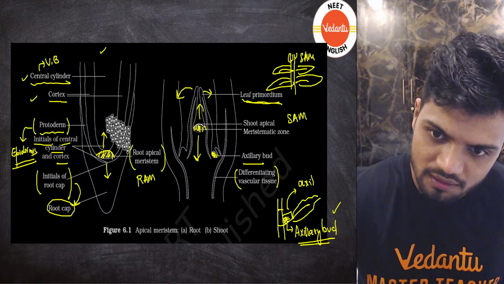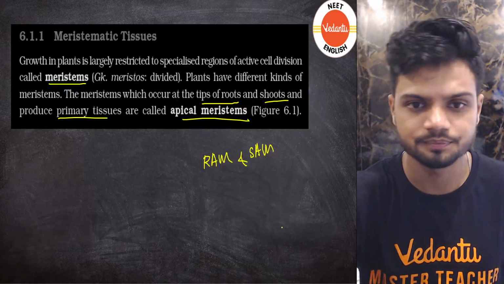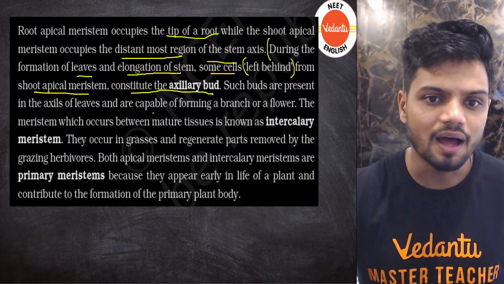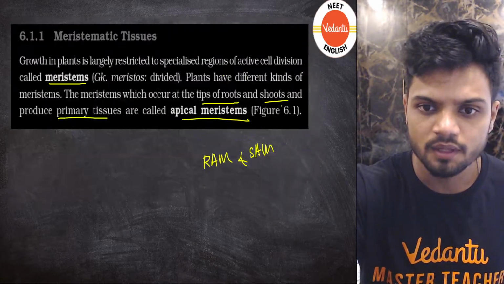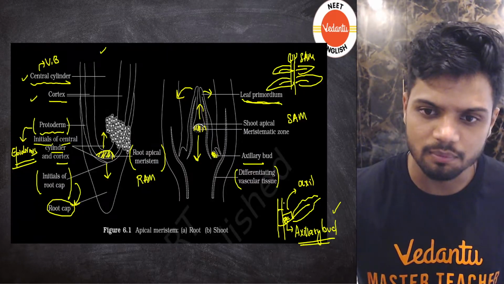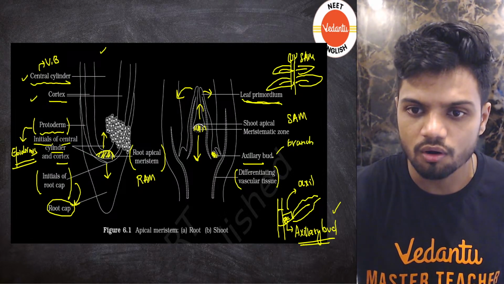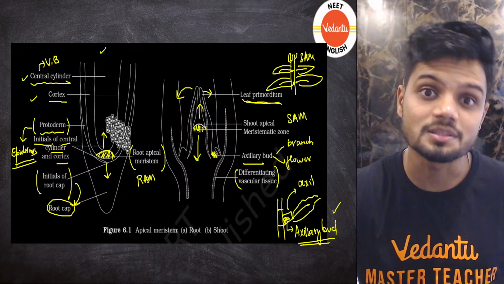Some cells are left behind in the leaf axil. They make up the axillary bud eventually. Such buds are present in the axis of the leaf and are capable of growing into a branch or a flower. So students, understand this structure right here, the axillary bud, can develop into a branch or it can develop into a flower. Either of the two possibilities is possible.